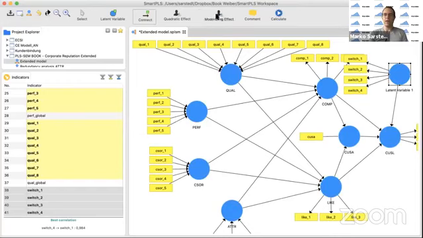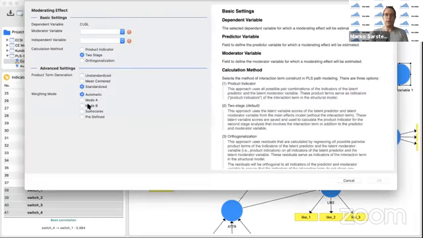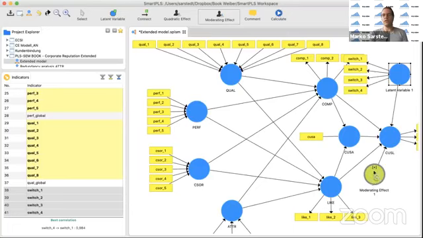Then I can say, okay, I want to add a moderating effect. I have to tell the program what my moderator variable is. This is the one that I just entered, and I add my independent variable, for example, competence. Then I get this so-called interaction term.